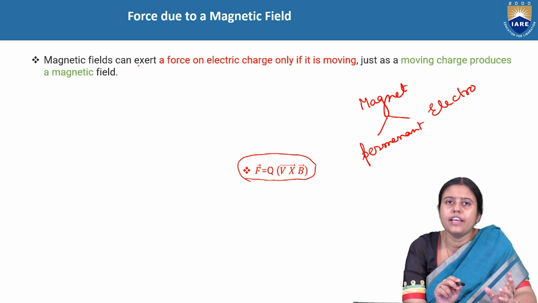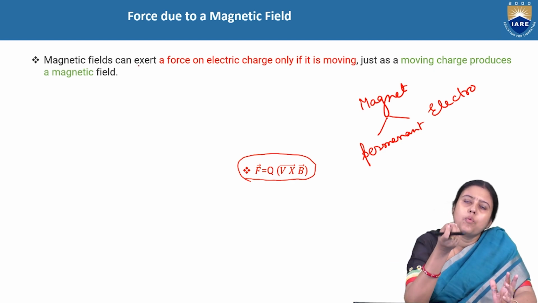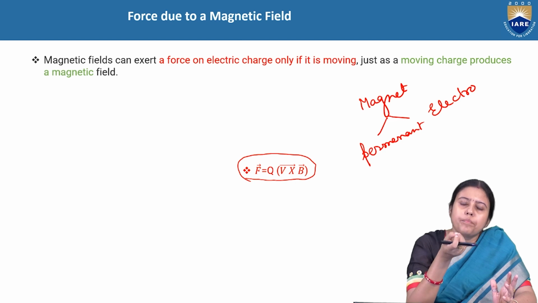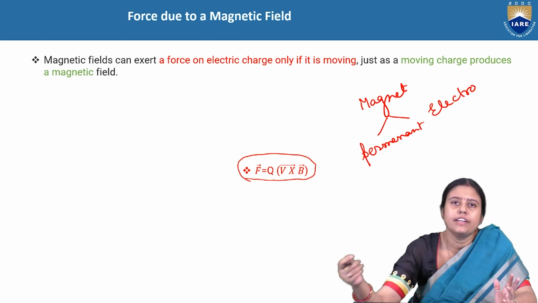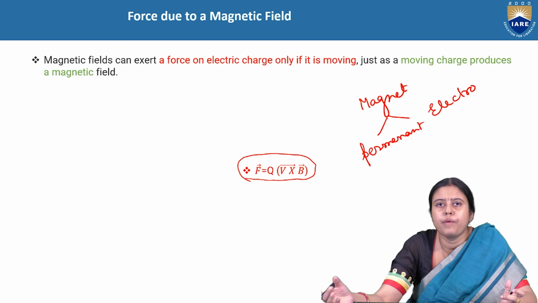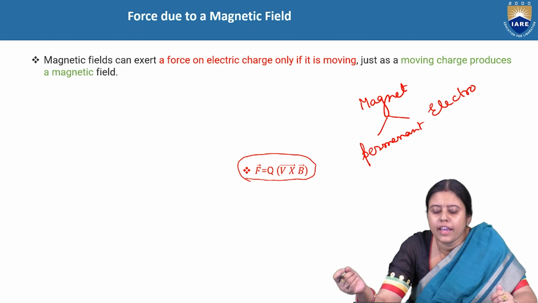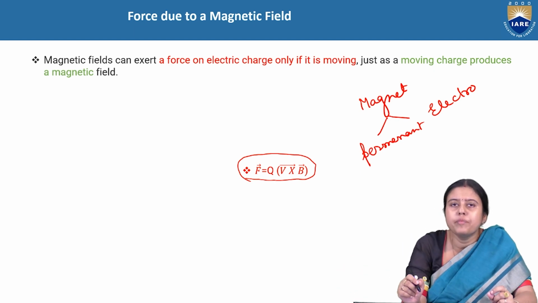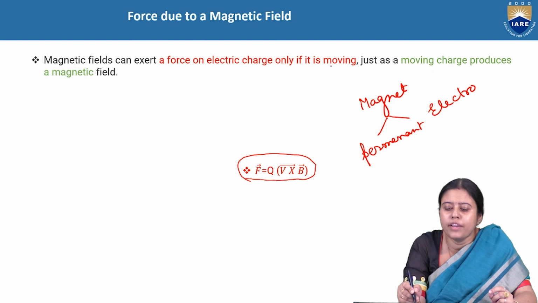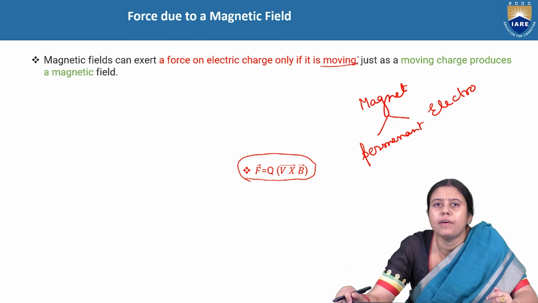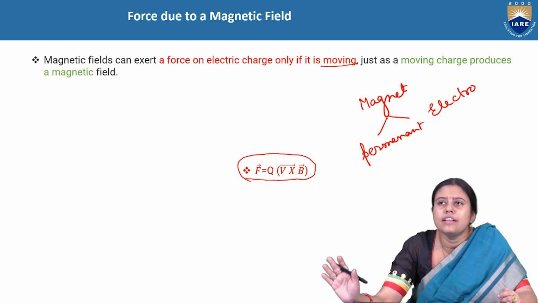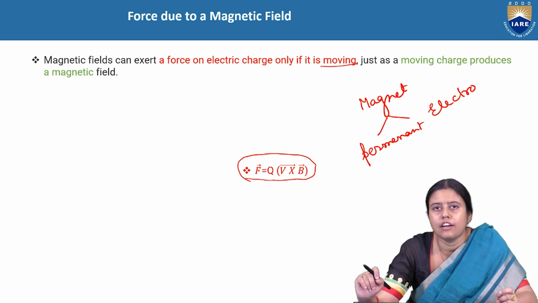If we keep an electrical charge in the magnetic field, it will experience a force, but only if the charge is moving. A moving charge is nothing but current. So if there is any current carrying conductor, it will experience the force.